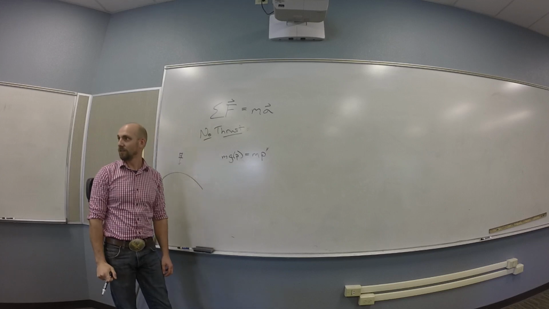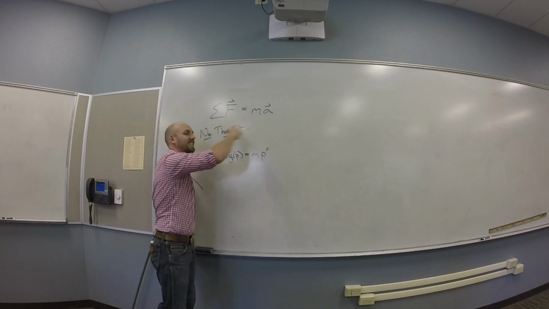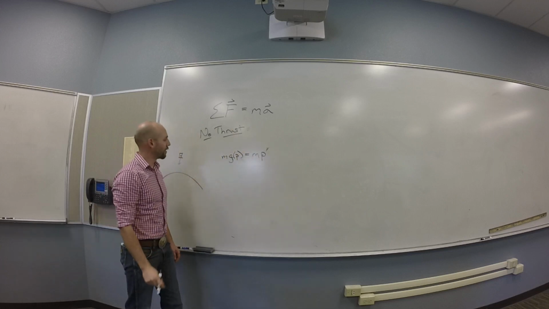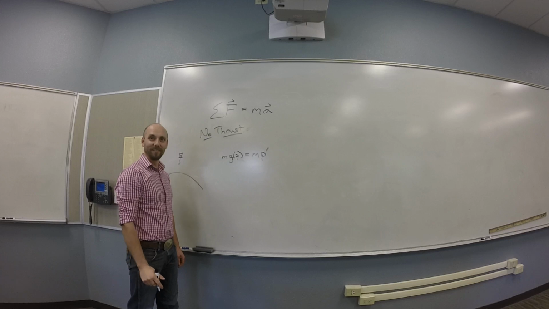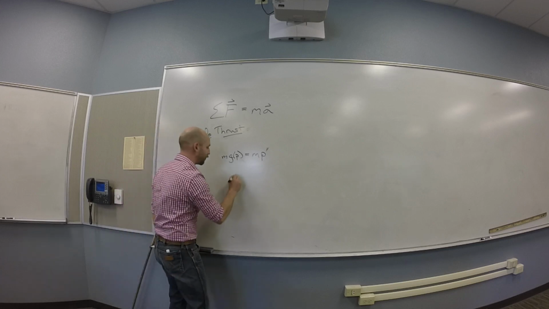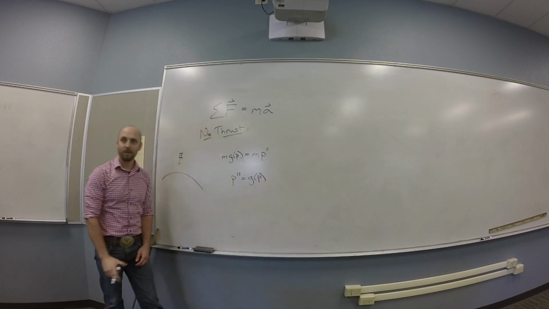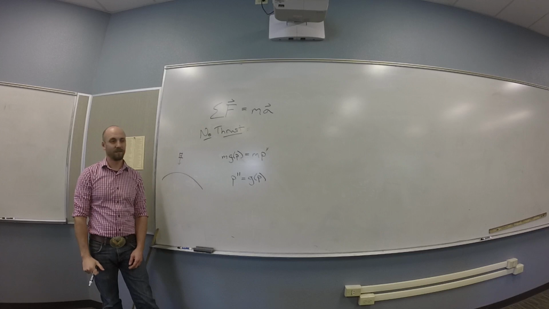All with me on this? So what's this thing? Well, one, you can slash the m's out of there. You see that? Really, all you have is p double prime is some function of p. You cool with this?